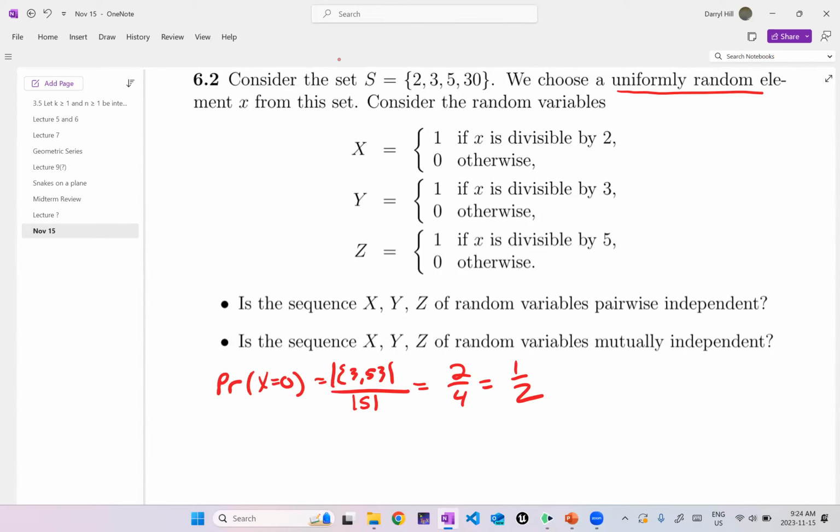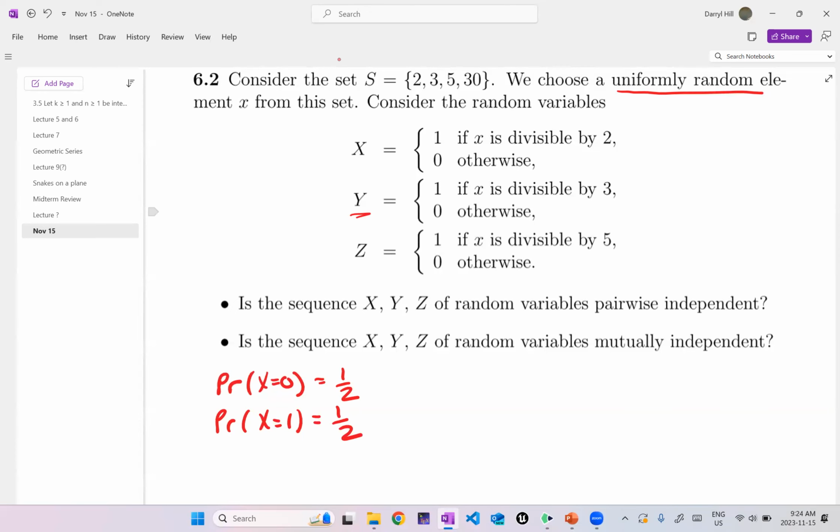Okay, so that's the probability that X is equal to 0. Everybody see that so far? Okay, so I'm just going to list that as 1/2. Of course, then the probability that X equals 1 is also 1/2, using the complement rule.